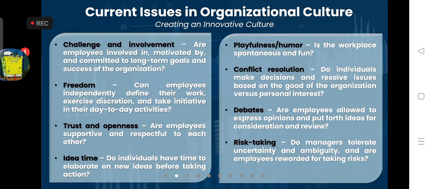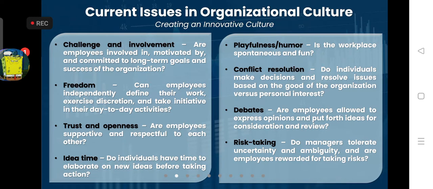We should also consider freedom. Can employees independently define their work, exercise discretion, and take initiative in their day-to-day activities? Then trust and openness. Are employees supportive and respectful to each other?